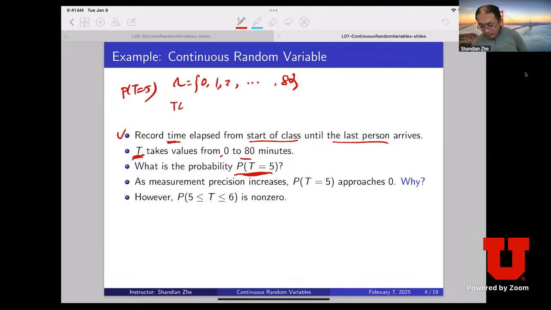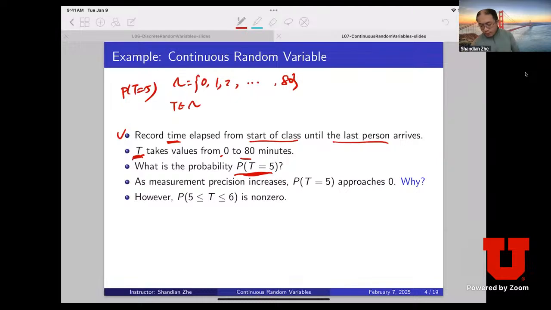So we know that this observation of your time will belong to this sample space. And now let us not make any fancy or complex assumption about this probability. We just assume that the last person arriving at the class has an equal chance: they might get here 0 minutes after class starts, or 1 minute after, or 2 minutes, all with the same chance, right?